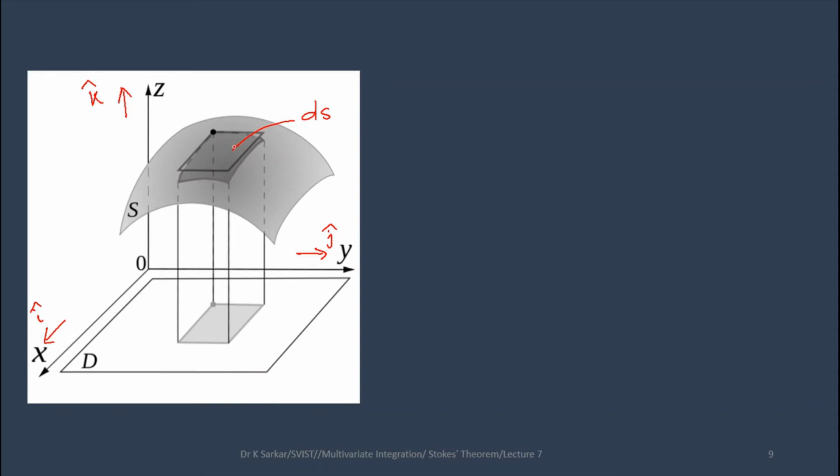The unit outward normal vector on S is, say, n. If we take the projection of the area ds on the xy plane, then ds cos theta is dx dy.